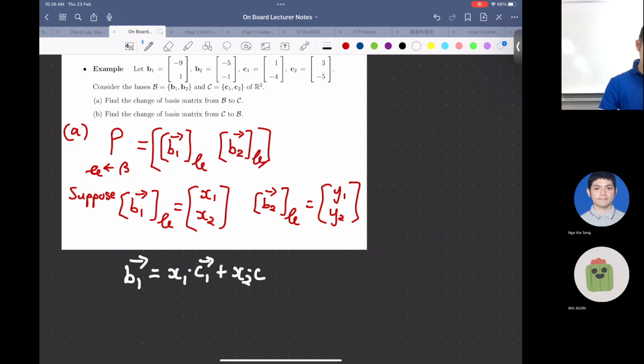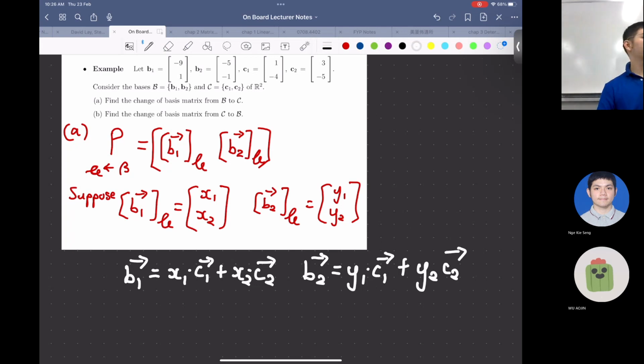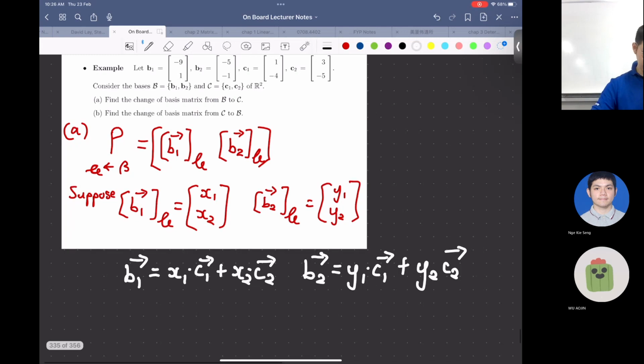Up to here, anyone has objection? No objection. So far okay. So what you're really doing is you can make this into a matrix multiplication.